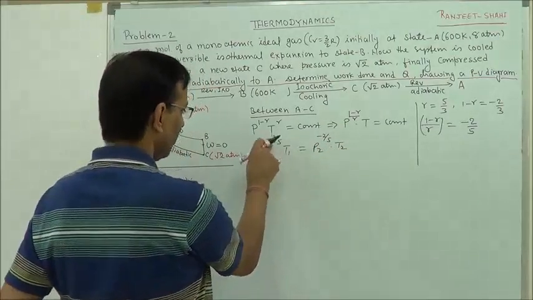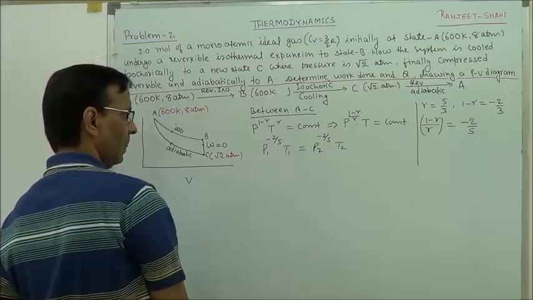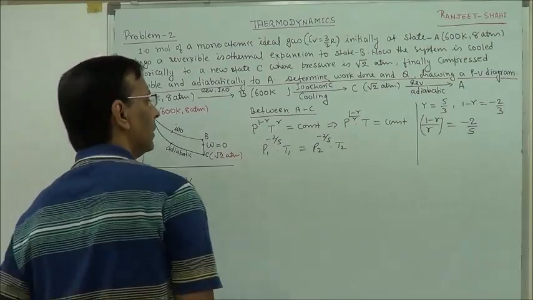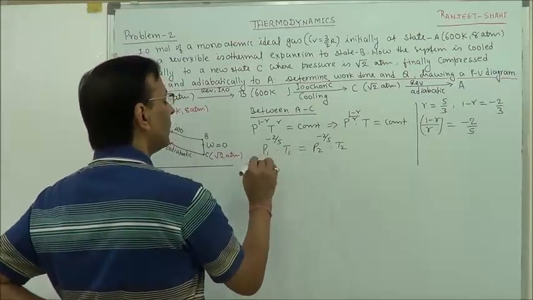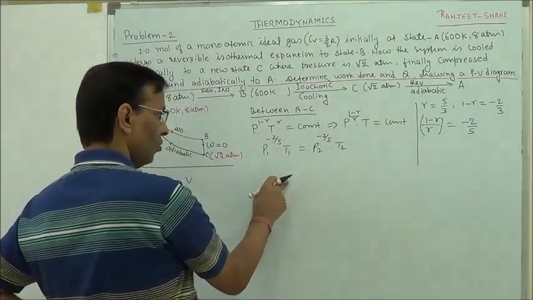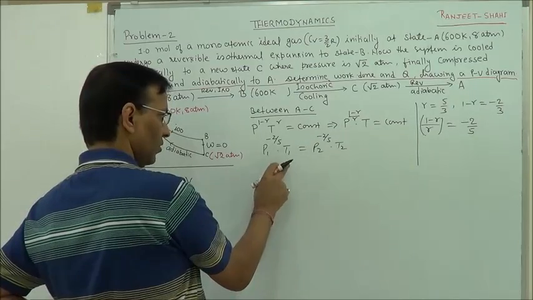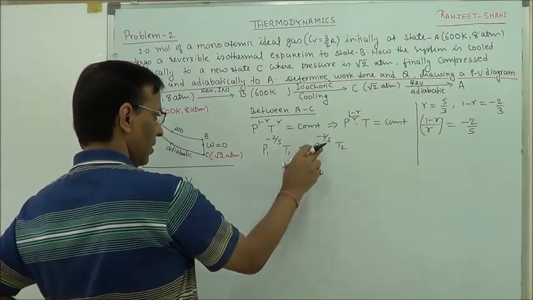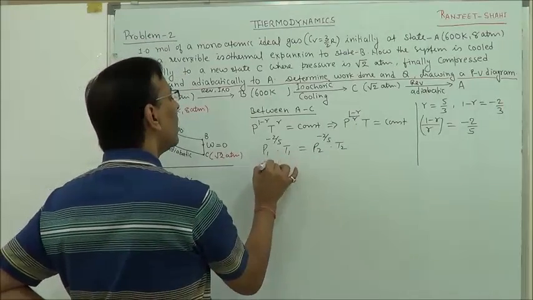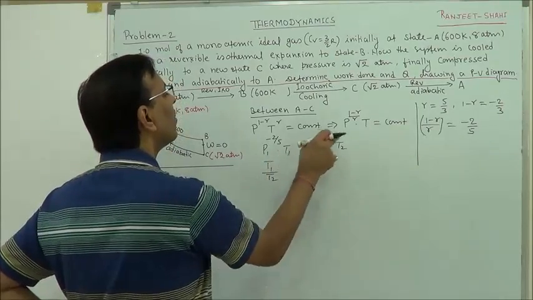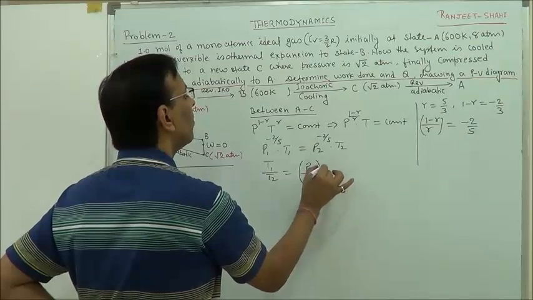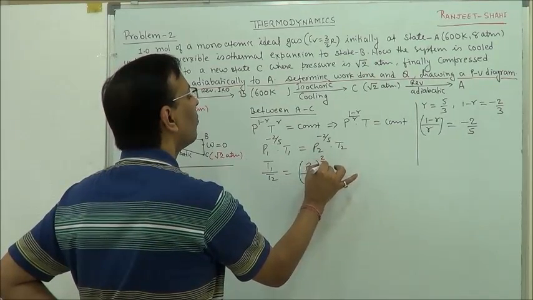So T1 upon T2 will be P1 upon P2 raised to the power 2 upon 5.